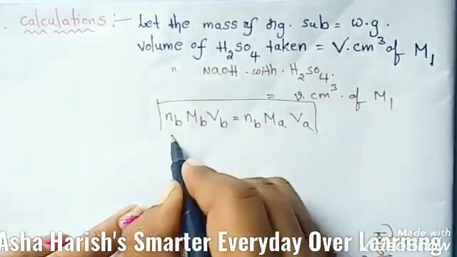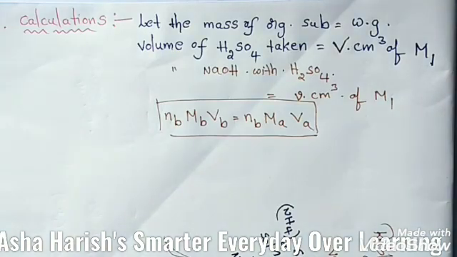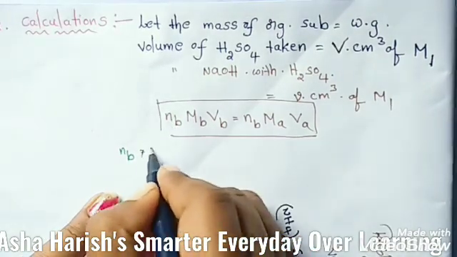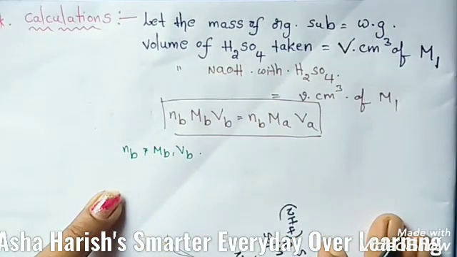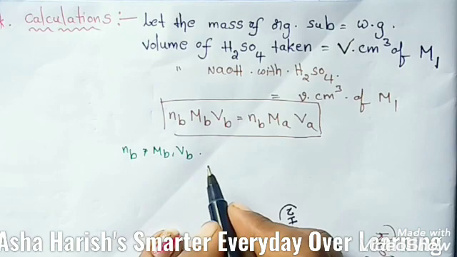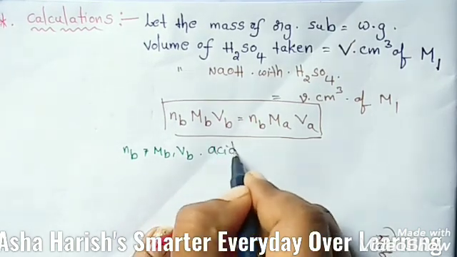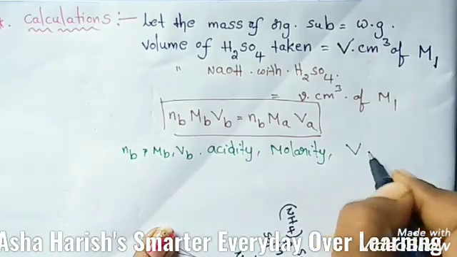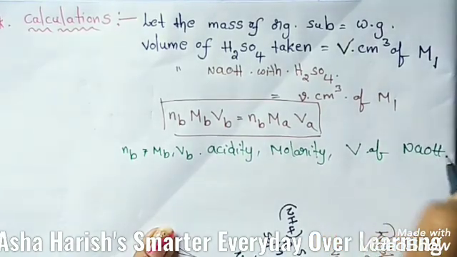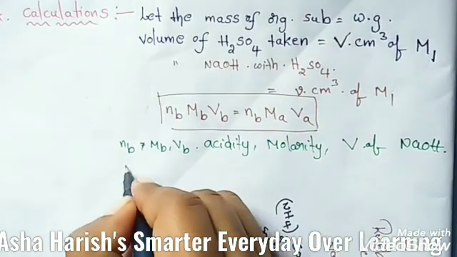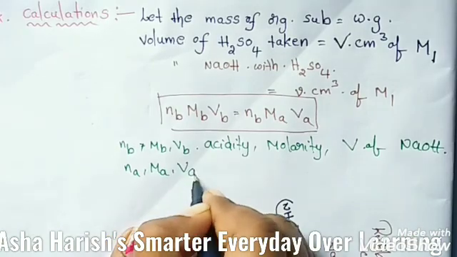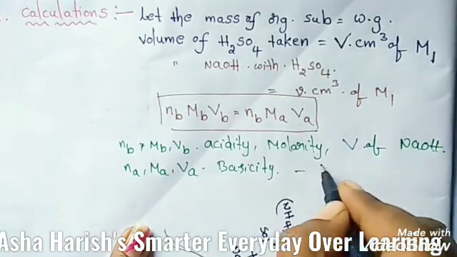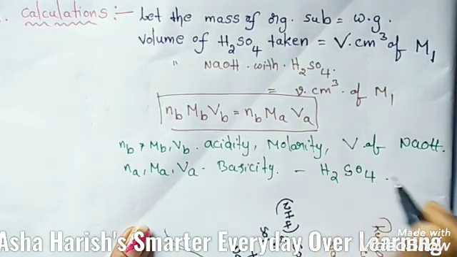This is the molarity equation, where nB, MB and VB are the acidity, molarity and volume of NaOH used, while nA, MA and VA are the basicity, molarity and volume of the acid which we have used, H2SO4 acid.